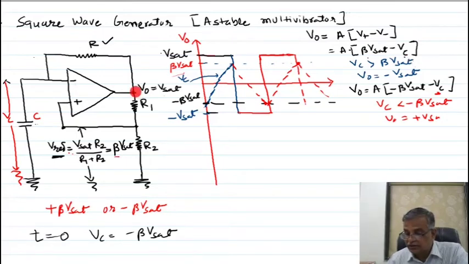Suppose this is your positive voltage, plus V saturated. Then the capacitor starts charging from minus voltage to plus voltage through the resistor R. When the voltage across the capacitor is more than this reference voltage, beta V set, then immediately, initially I have taken V saturated, I told you V0 is V saturation.